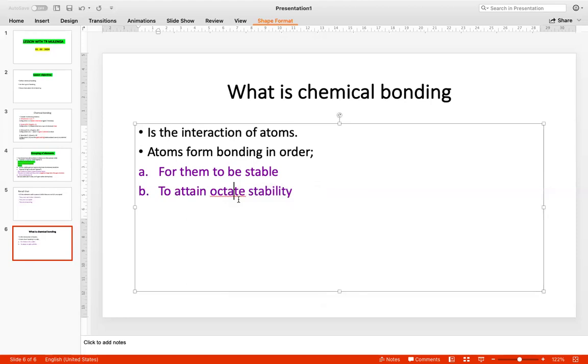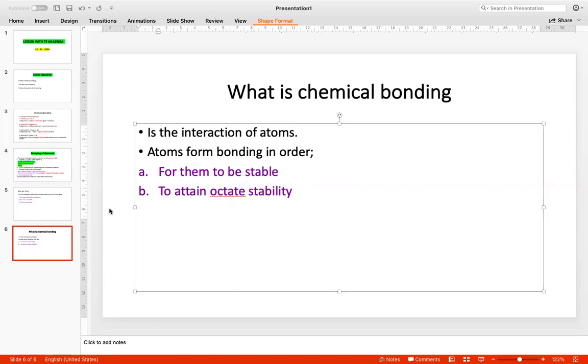It's a rule, the octet rule. There's a rule that brings us to a better understanding of the stability of atoms. It's a bit of advanced chemistry, but we are also going to understand it a little bit in one way or the other. So why do atoms form bonding? In order for them to be stable, in order for them to attain octet stability. There are many reasons, but those two are the ones that we're going to consider.